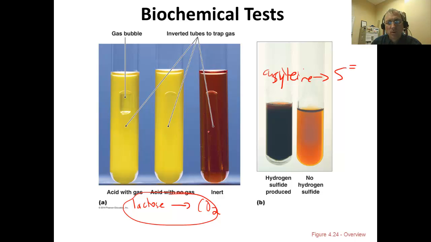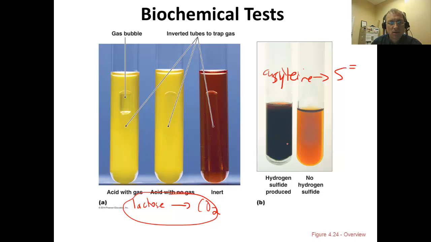We'll see a general strategy that we can use to apply these biochemical tests to facilitate identification. These are very nice. It's very obvious what the difference is between this tube and this tube, and over here between these two tubes.